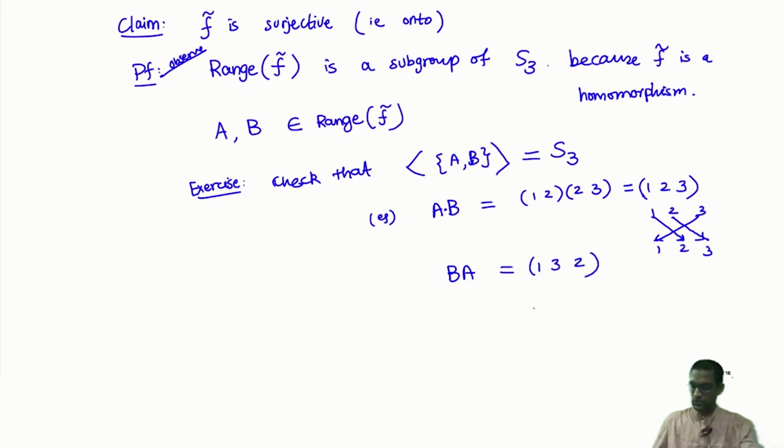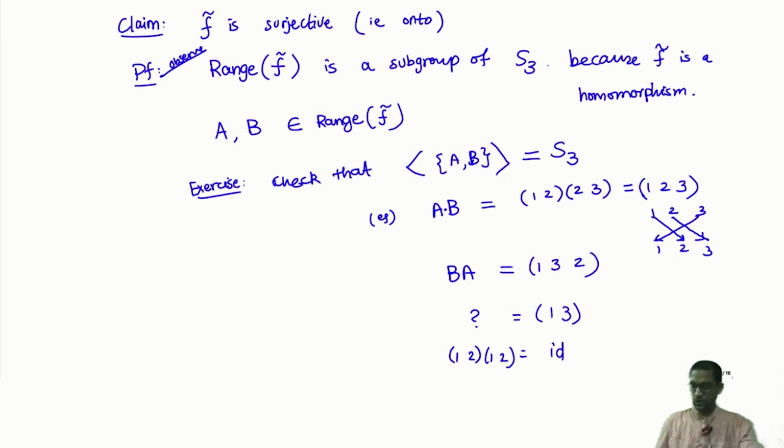Similarly, if you look at BA, you will get (1 3 2), and you have to see what you will do to get the other element. Here's a little exercise: what products of A's and B's will give you the element (1 3) of S3? How will you get the identity? The identity is easy: it's A squared. If I take A with itself, I get the identity.